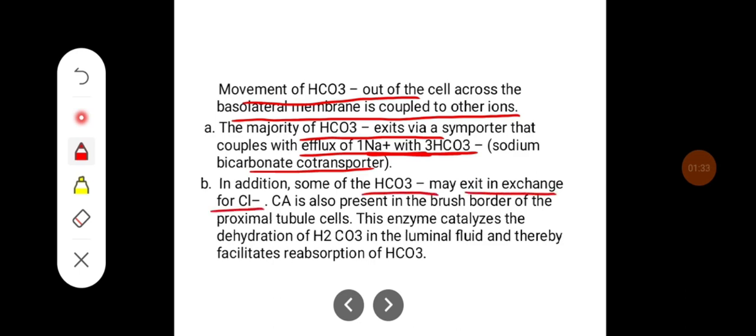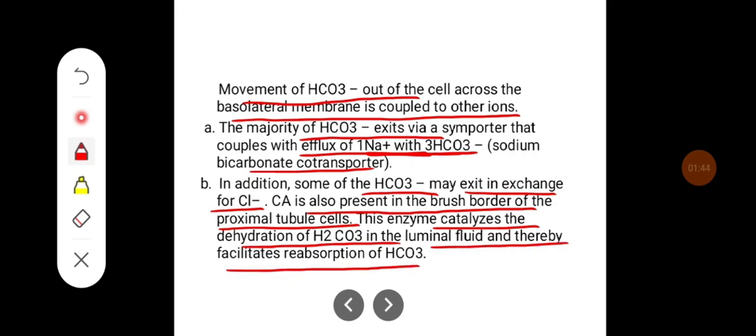Carbonic anhydrase is also present in the brush border of proximal tubule cells. This enzyme catalyzes the dehydration of carbonic acid in the luminal fluid and thereby facilitates reabsorption of bicarbonate ions.